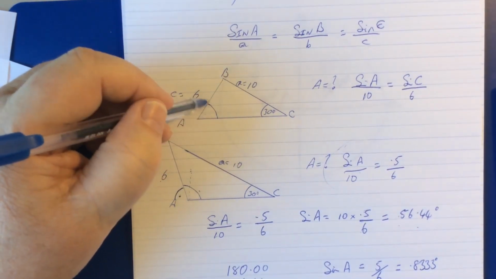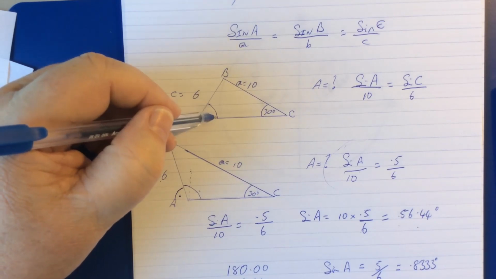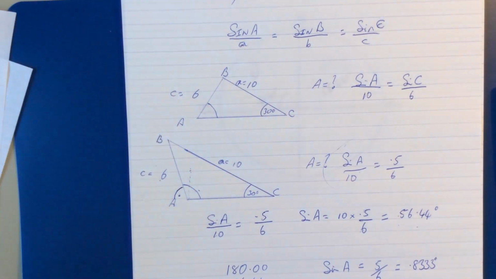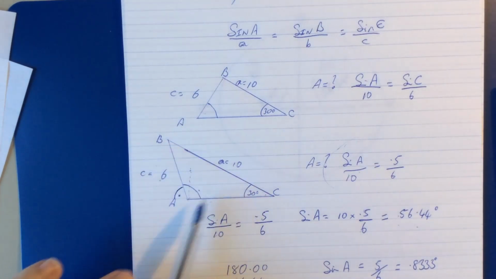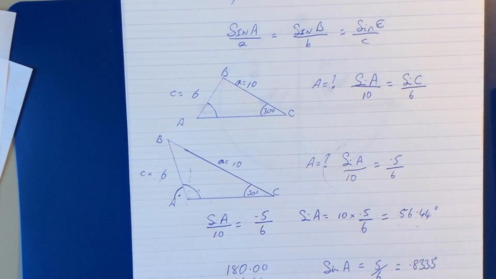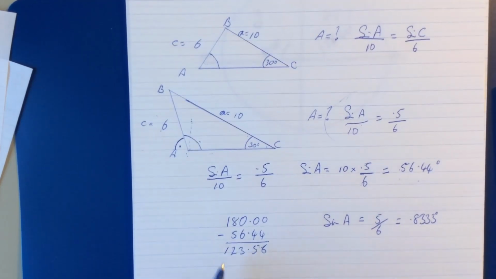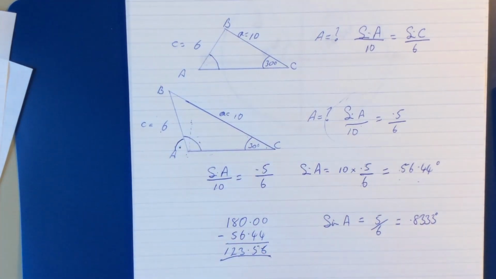Where it is obvious that the angle is below 90 degrees, just go straight ahead and do the job. Where when you draw out, and I always encourage people to draw out the problem, and you see that this is supposed to be more than 90 degrees, you go, oh no, this is the angle that I found, and therefore the angle that I am looking for is 123.56. It's that angle in there.